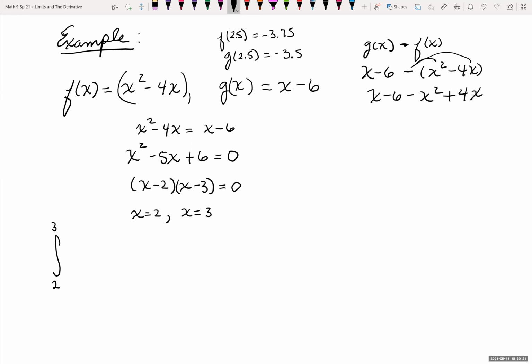By distributing that negative, now let's combine like terms, and I'm just going to rewrite this in descending order of powers. So negative x squared, I have an x plus 4x, which is a 5x, and I have a minus 6. So we're looking at the integrand of negative x squared plus 5x minus 6 dx.